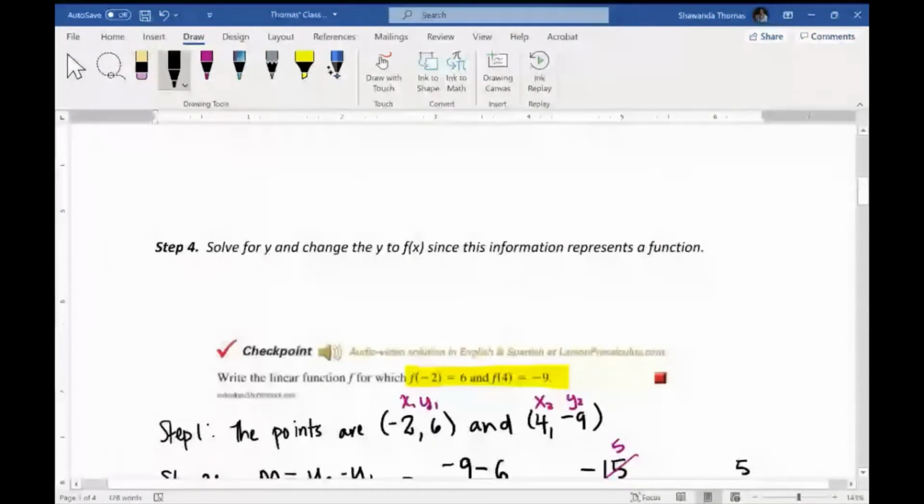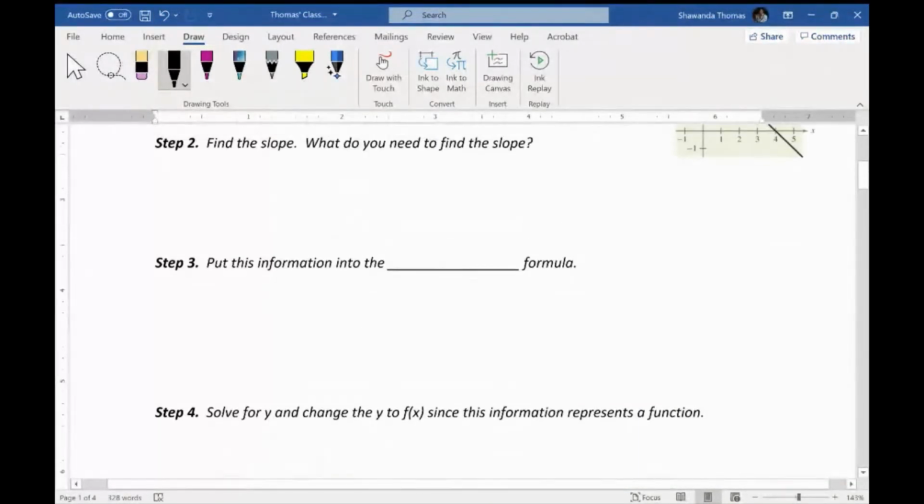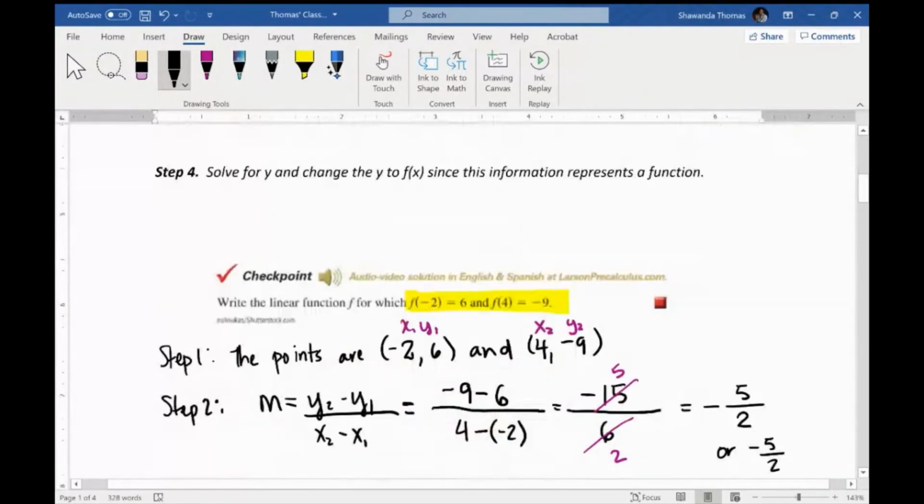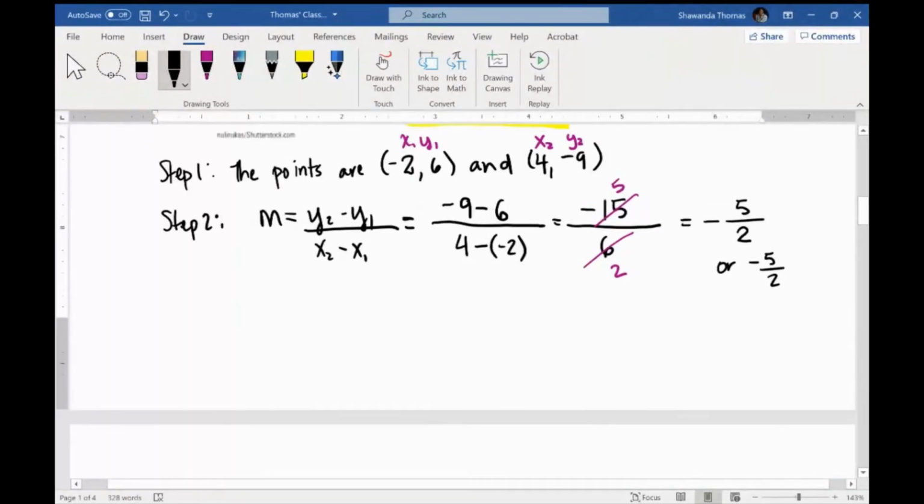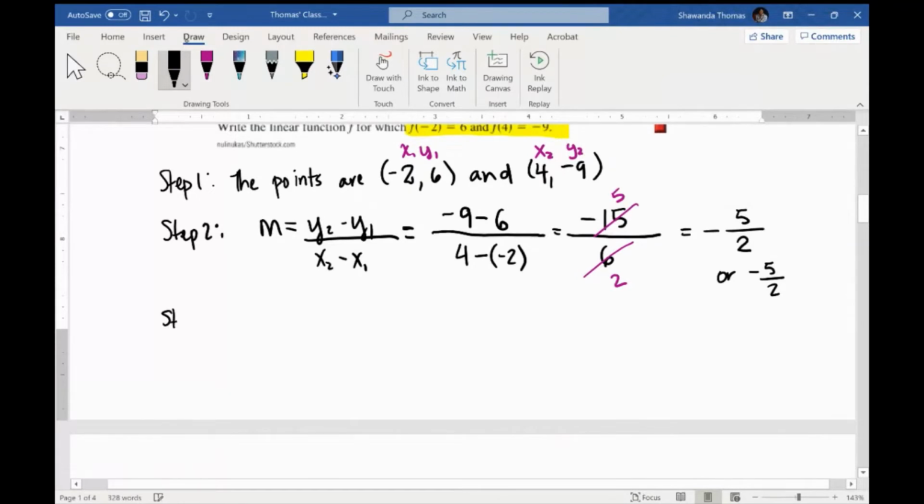Step 3, what we're going to do, is put this information into what formula? The point slope formula. Thank you.